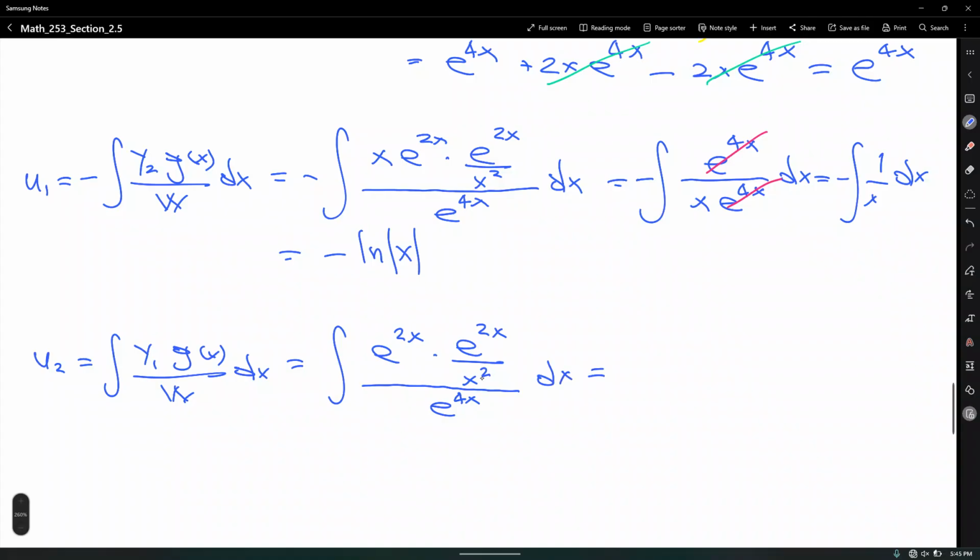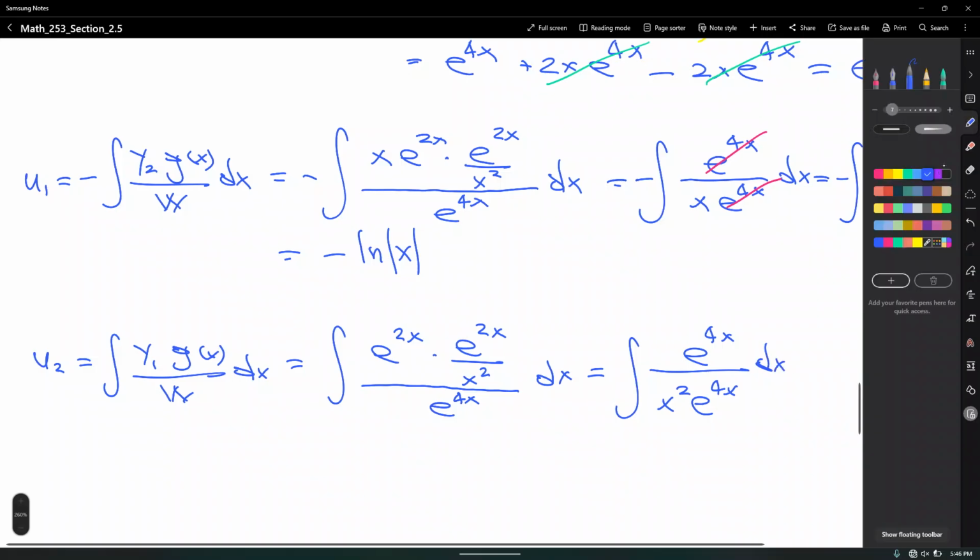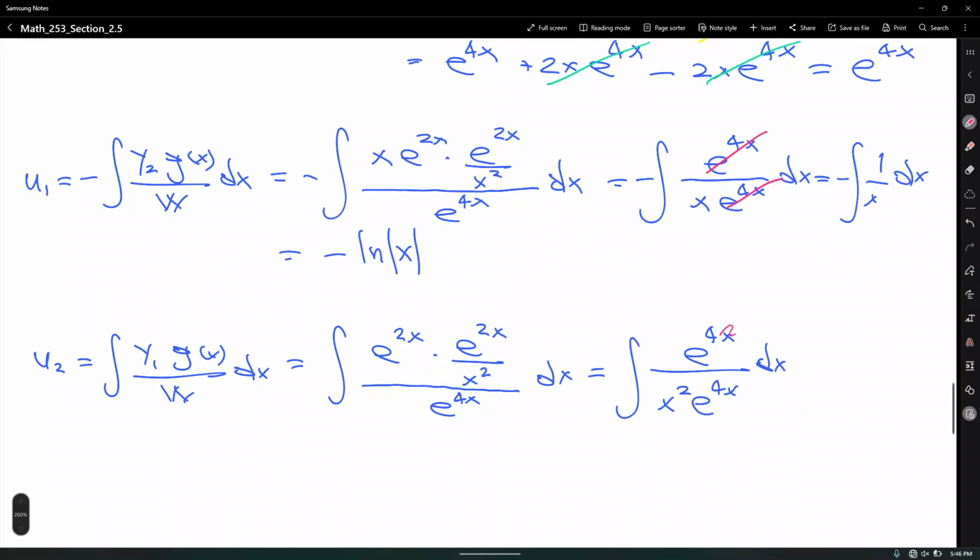Again, there's nothing to simplify or cancel out, so I'm going to rewrite this as the integral of x squared in the denominator, e to the 4x, and in the numerator e to the 2x times itself, isn't that e to the 4x, which again divides out.